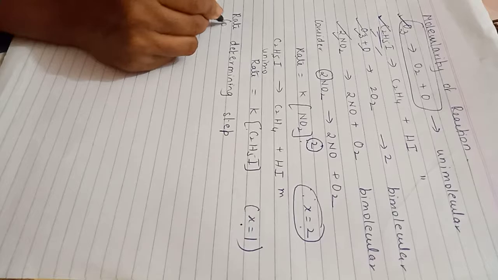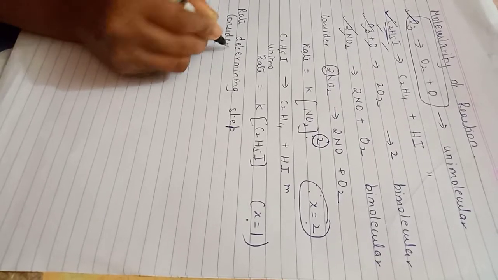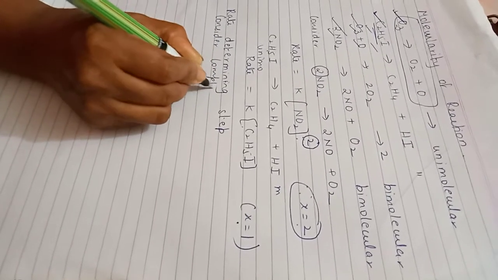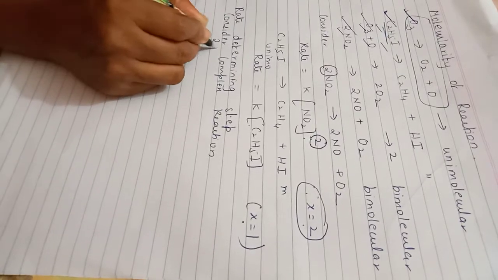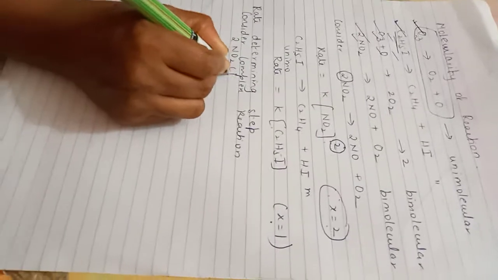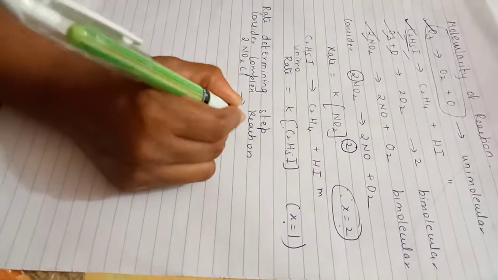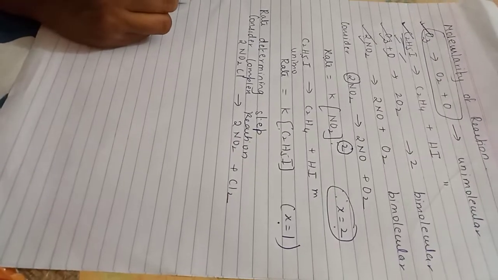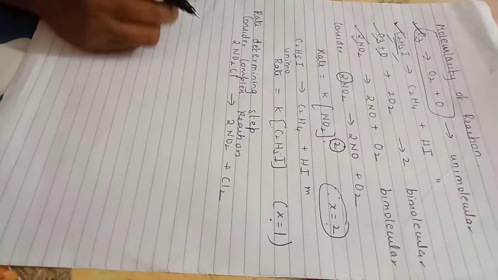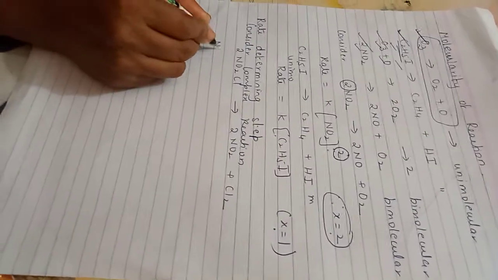Now consider one such complex reaction, the general reaction NO2Cl giving rise to 2NO2 plus Cl2. Students, it's a complex reaction. How?